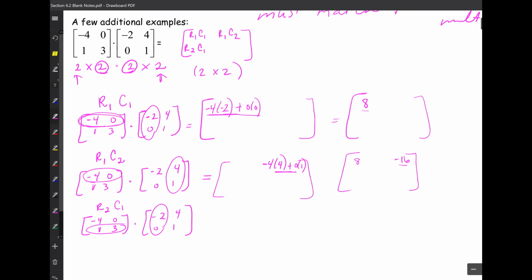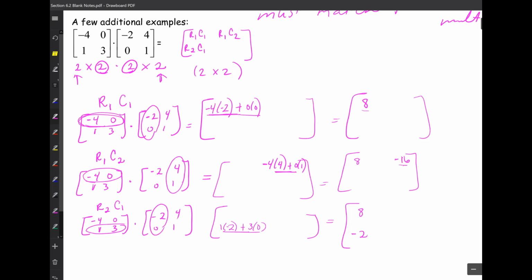Column 1. So we would have 1 times -2, which is -2, plus 3 times 0, which will become 0. So what would that element be? -2.